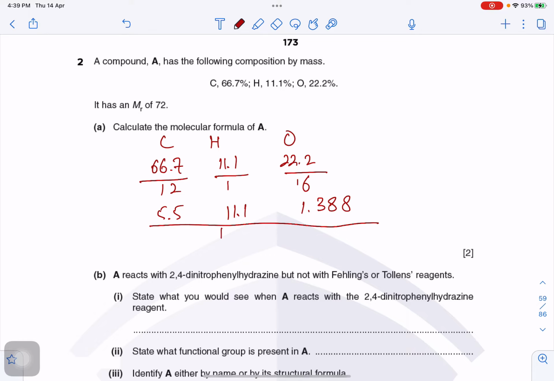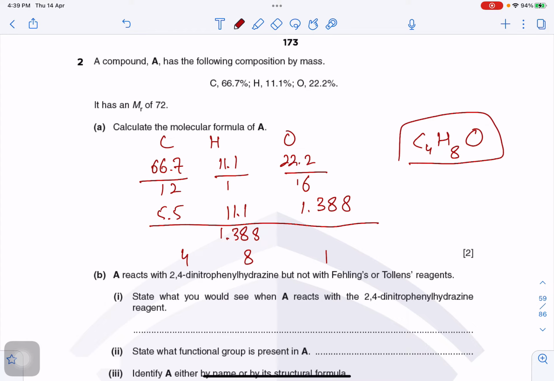Divide them all by the smallest number, so that gives me 4, 8, 1. So C4H8O1. And what's the Mr of this thing? This is 48 plus 8, that's 56. 56 plus 16, that is 72. So yeah, this is actually the answer.